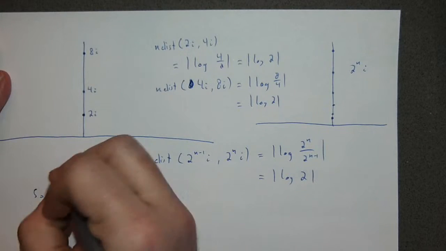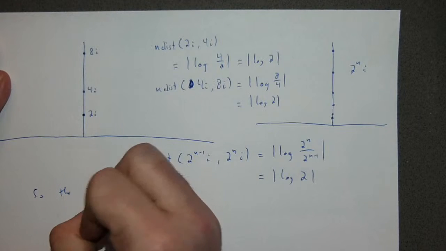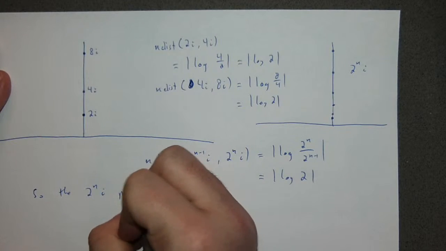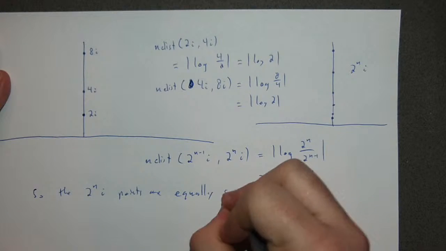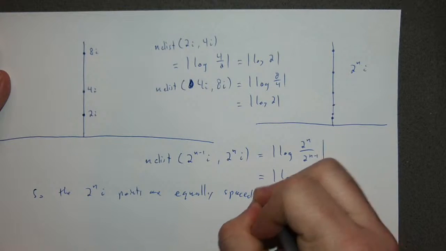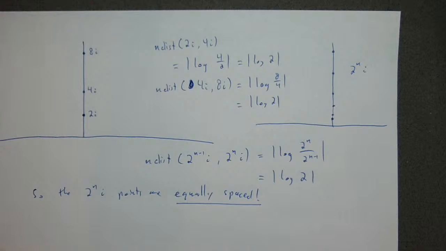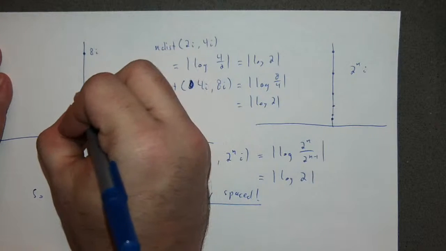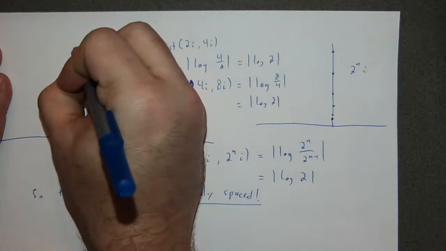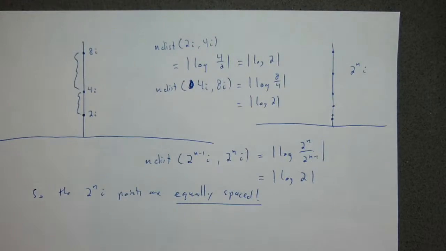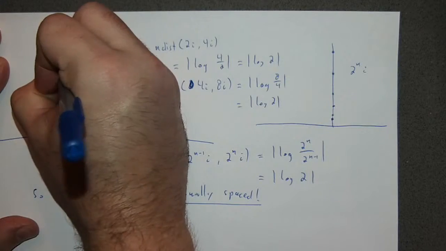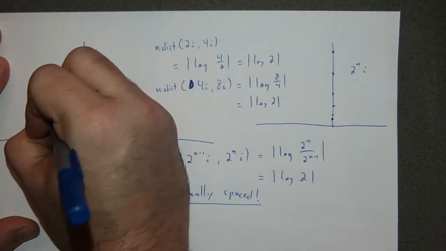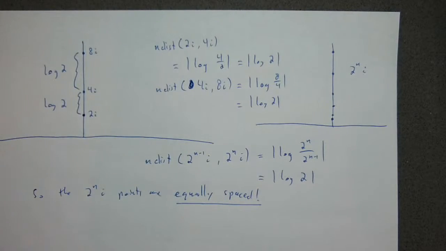So the 2 to the n i points are equally spaced. This distance is log 2, but this distance is also log 2. So these two distances are the same.